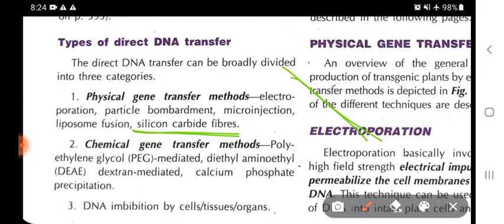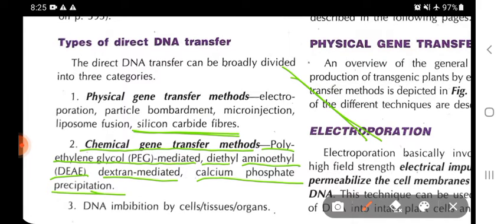There are also chemical gene transfer methods, like the most popularly used one that we have also seen in plant biotechnology, polyethylene glycol mediated gene transfer, diethylaminoethyl dextran mediated gene transfer, which is also called DEAE mediated gene transfer, and calcium phosphate precipitation.